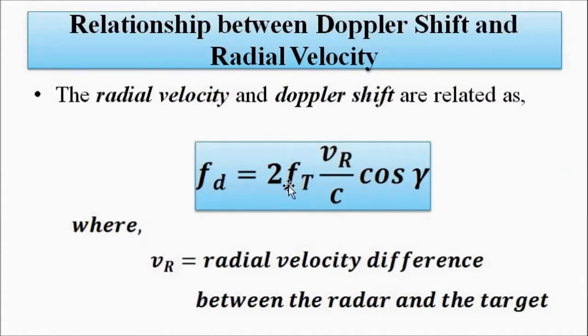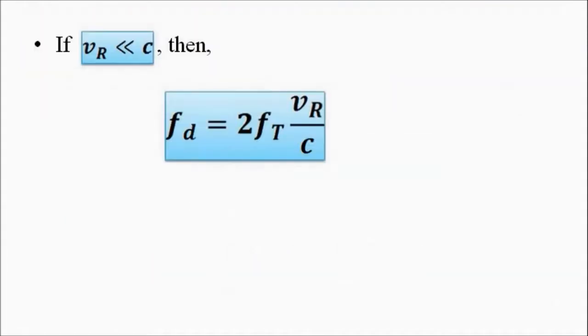Now we know Ft, the transmitted signal frequency, gamma, and C is fixed, and the Doppler shift we get. So from all this we can calculate the radial velocity component. In certain cases where the radial velocity component is much less than the speed of propagation, the equation is modified to simply Fd equals 2 Ft Vr by c.